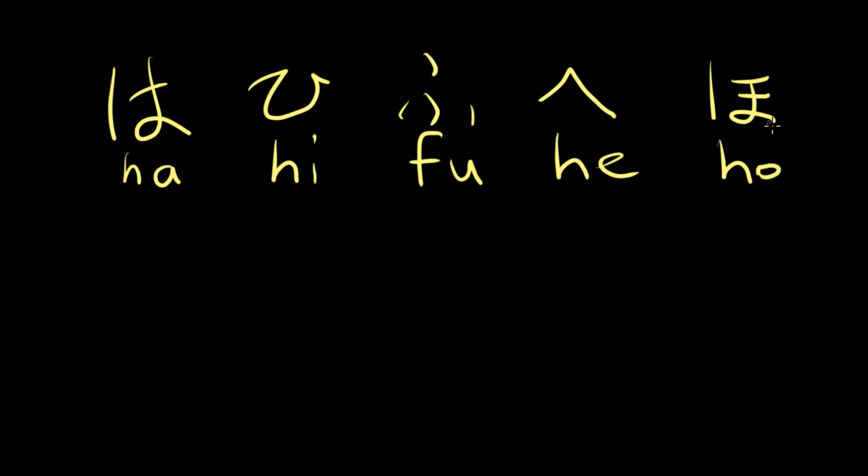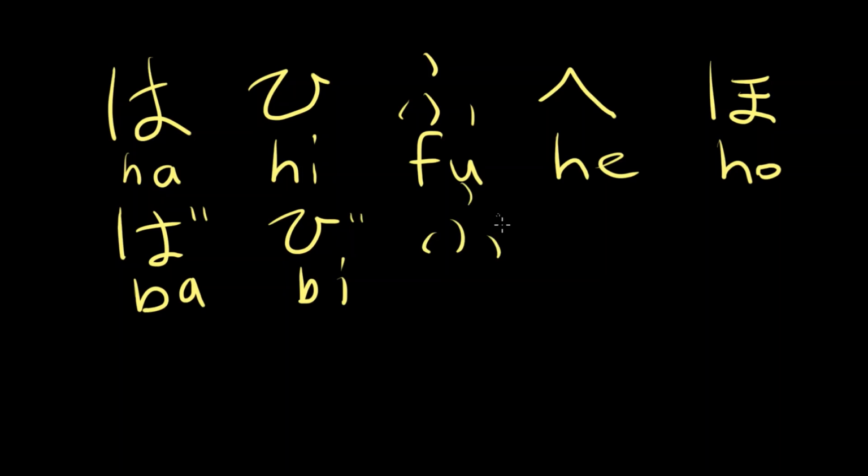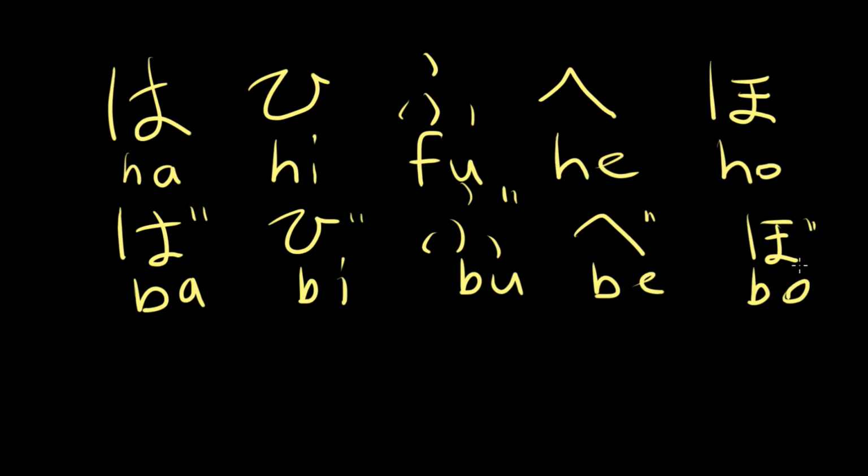Now these can be modified with dakuten, the ten-ten, and handakuten. A handakuten is a circle. We'll do the ten-ten first. So there's ba, bi, bu, be, and bo. Now handakuten, often referred to as maru.